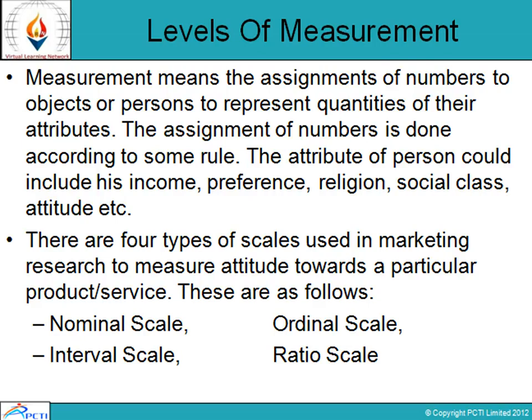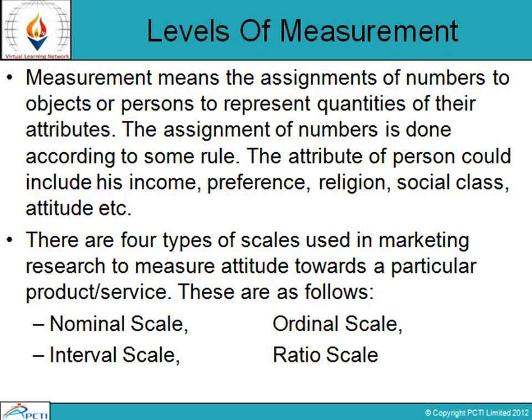Then comes the ordinal scale. A significant amount of consumer-oriented research, to a great extent, relies on ordinal measurement. Here, numbers, letters or other symbols are used to rank the characteristics or items. The ordinal scale basically tells whether an object has more or less of a characteristic than some other object or event.